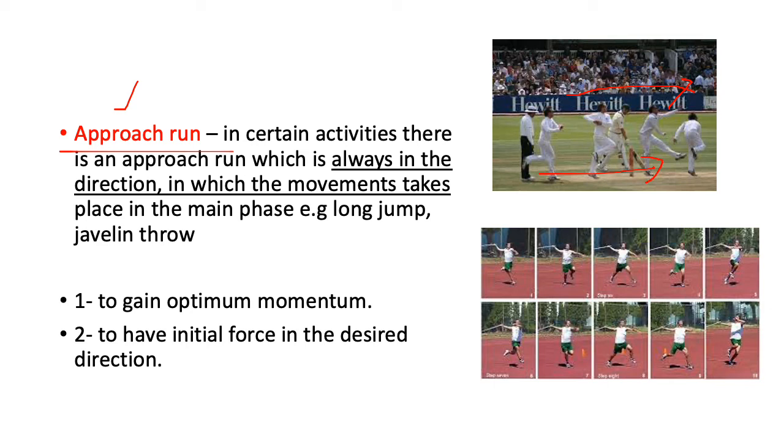So this is known as approach run. The purpose is the same. You want to create optimal conditions, you want to create initial force so that you can break the inertia, and you want to have precision, a perfect angle, perfect targeting. So the purpose is the same, but the way you are doing it is different. So this is your approach run, when you are doing movement in the same direction.